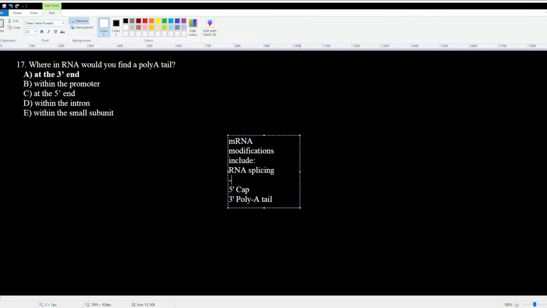RNA splicing includes introns and exons.